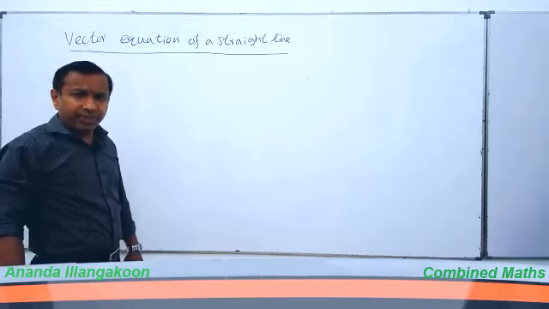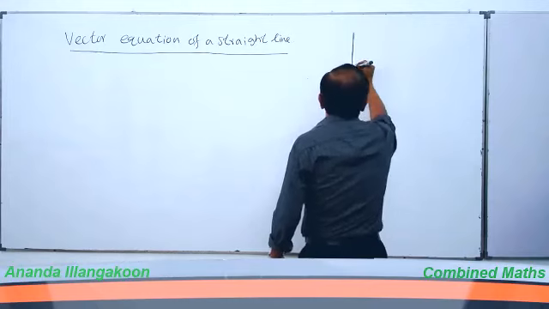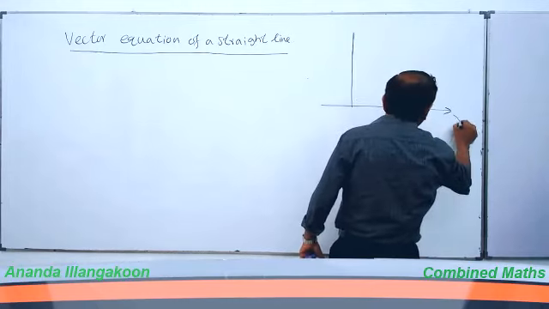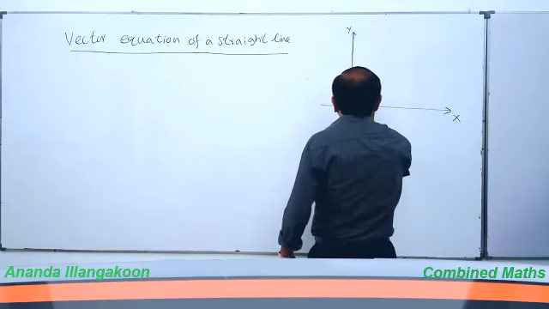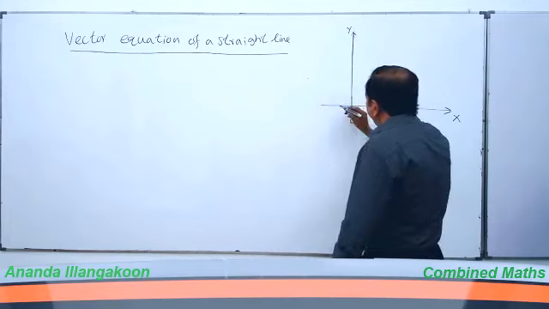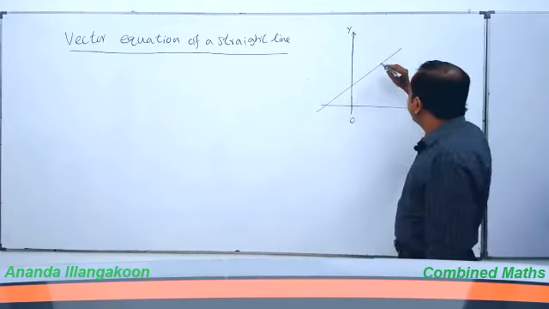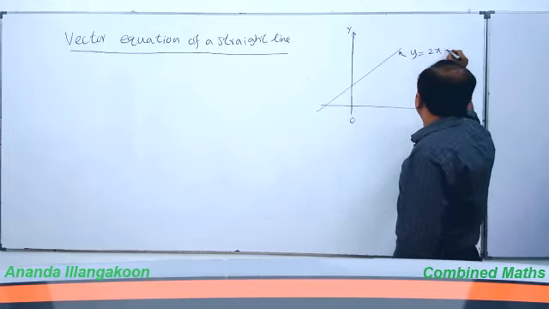People, now let's see what a straight line is. Consider the x-axis and y-axis, and let this be the origin. When I draw a line this way, I'll take its equation as y equals 2x plus 3.